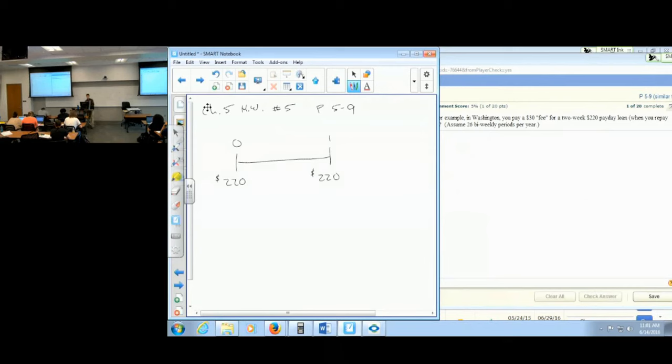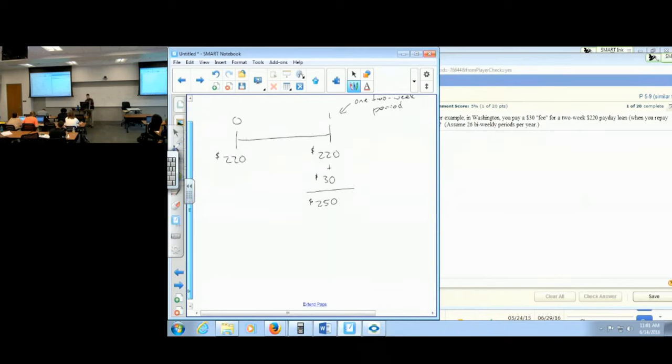In this case, it's 2 weeks, plus a $30 fee for a total of $250. And what it wants to know is the effective annual rate.